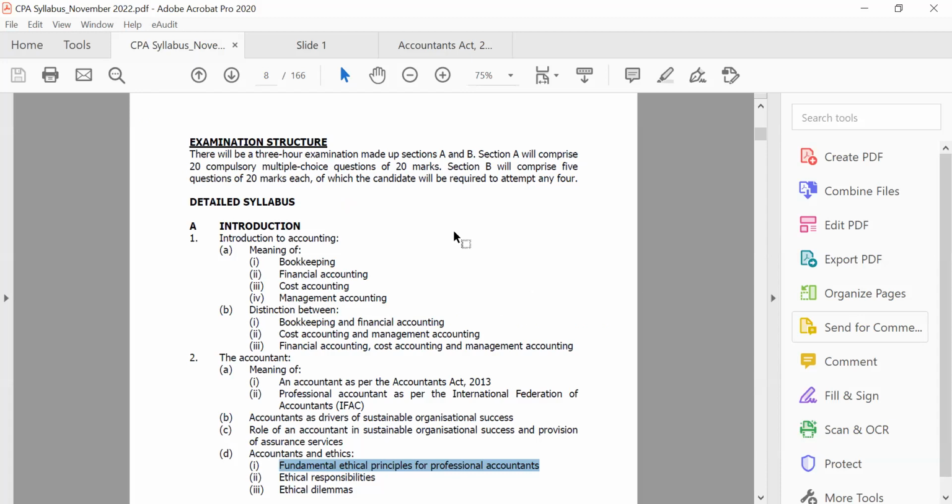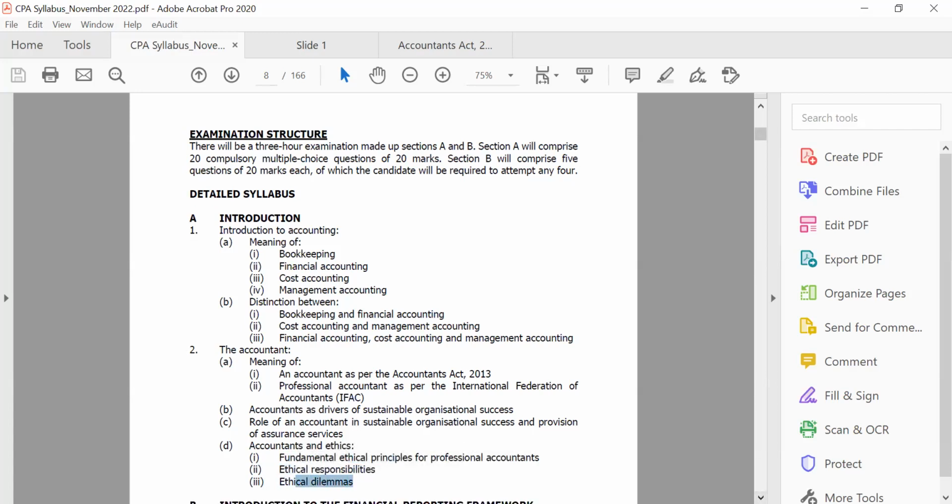And so at least you know this ethical. So I've also tried to highlight the ethical responsibilities, what you should do as an accountant. But also it's very important for you to know that we have what we call ethical dilemmas. And ethical dilemmas come in two scenarios where I give you an example of where you are part of procurement, and say your so-called sister or girlfriend is the owner of a given company.